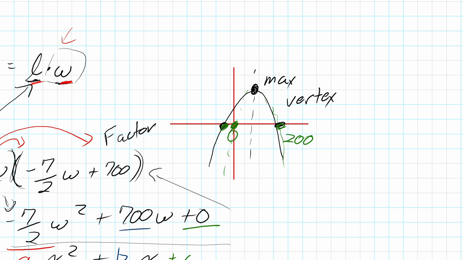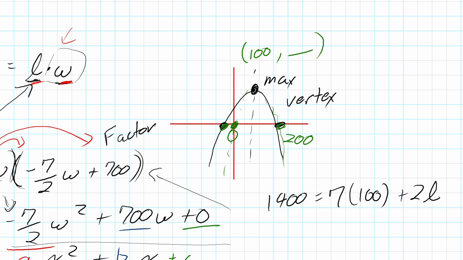The middle of those two would be the vertex. Any idea what the middle of 0 and 200 is? That's it. So that means the x value of the vertex, okay, is 100. In other words, our widths should actually be 100. So now I can use that information. The 1400, that perimeter formula, those 7 widths are 100 each, plus the 2 L's, okay?